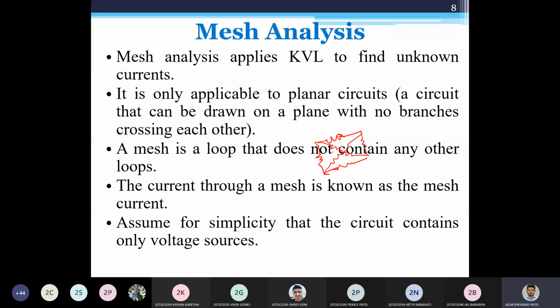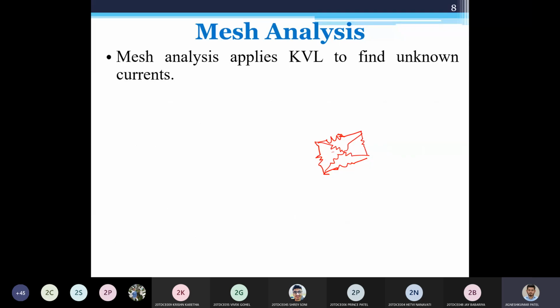Okay, so I will remove this resistor from here, remove this resistor from here, and from here. And instead of that, I'll represent it over here like this. Then it is possible to perform mesh analysis.